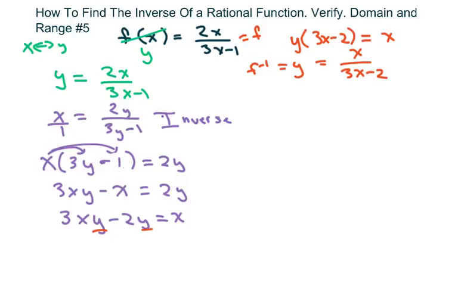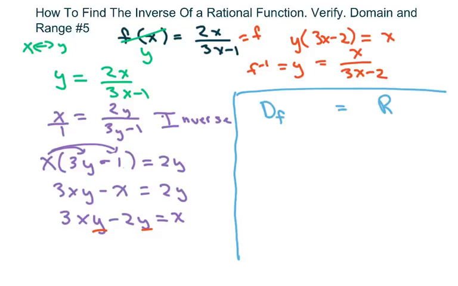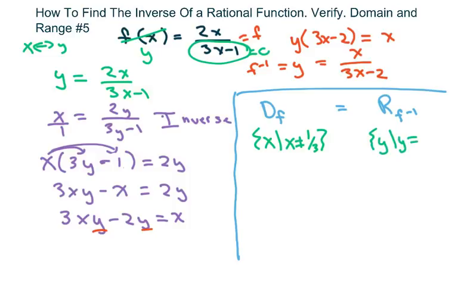So now what we're going to do is state the domain and range. Our domain of f equals the range of f inverse. So the domain here is all real numbers, but x cannot be 1/3. And you should know how to do that by now, I think. So you just set the denominator to 0. So therefore the range is all real numbers, but y cannot be 1/3.